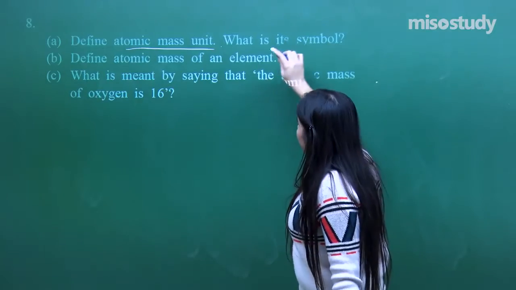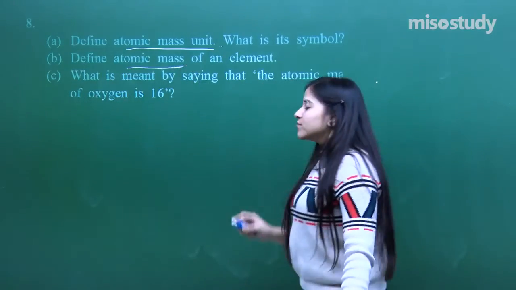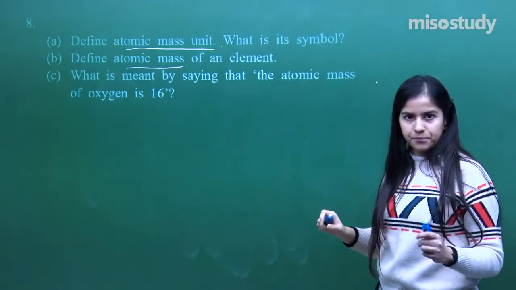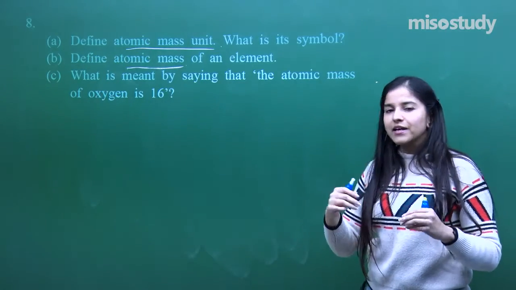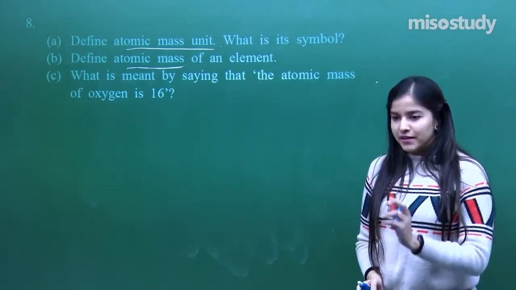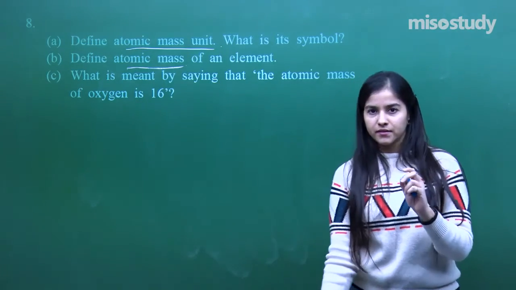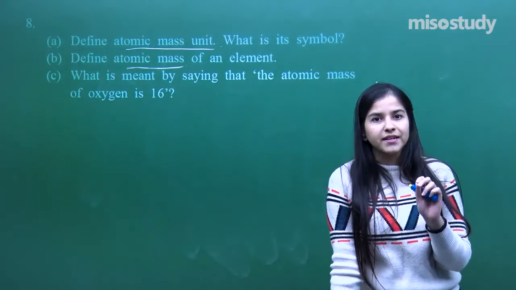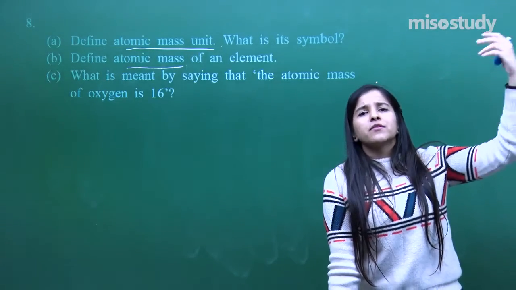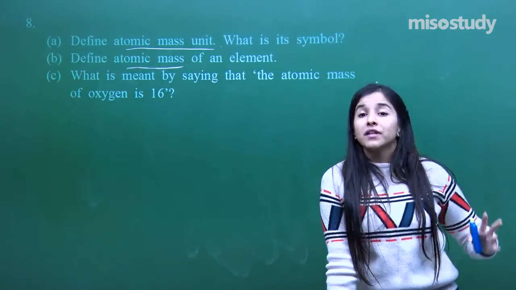Atomic mass unit first of all, and what is atomic mass? Both of the terms I will be explaining simultaneously. Atomic mass, what is it? So basically it is actually a relative mass. As I told you in the lecture also, if we want to measure the atomic mass for any element in grams, what will happen? It will come out to be 10 to the power minus 24, minus 25, so complicated values.